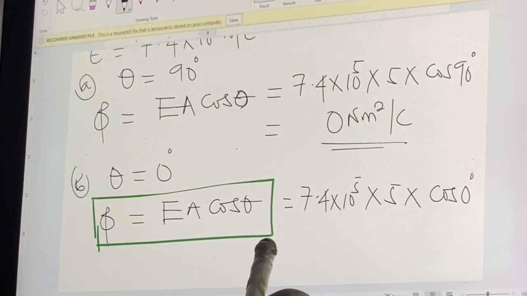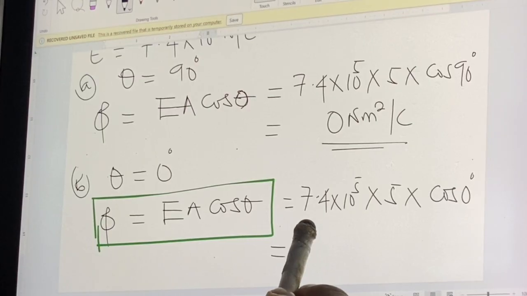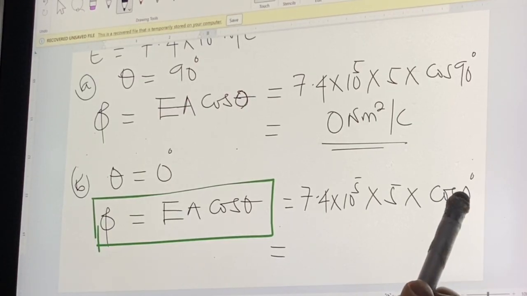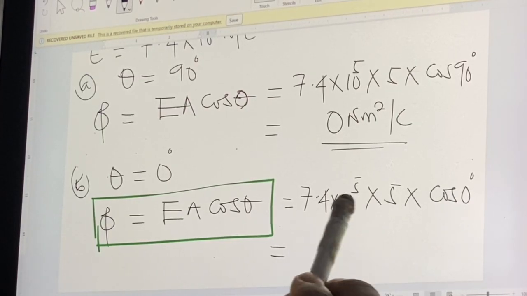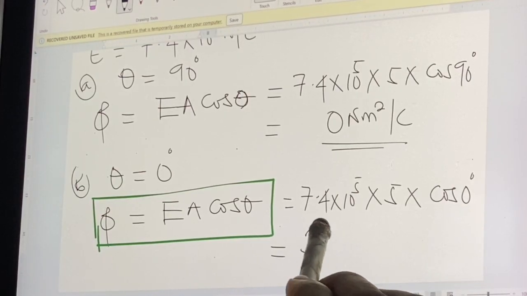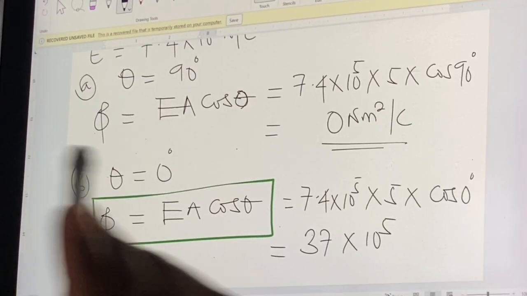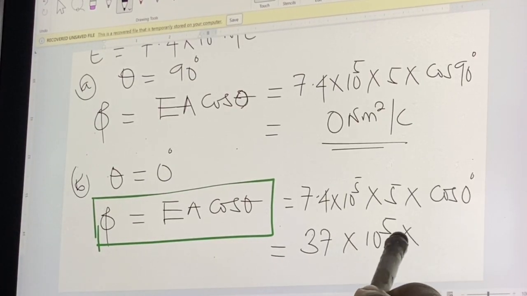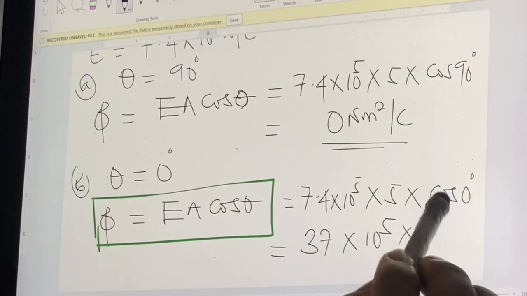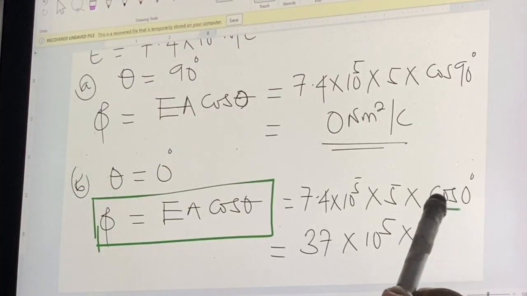Okay, now punch your calculator here, because cos 0 will give us 1. 1 times this, 5 times this will give us 37 times 10 raised to power 5. Please take note. Times 1, that is for this here, don't forget.